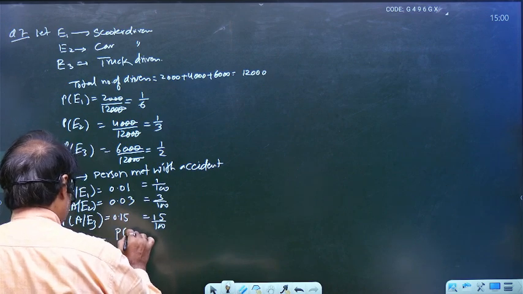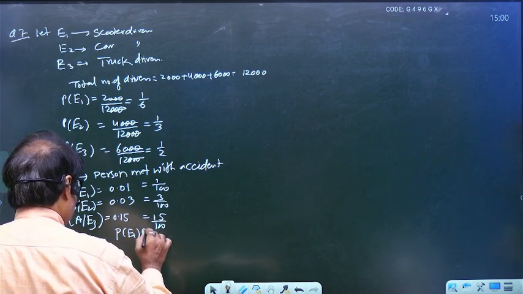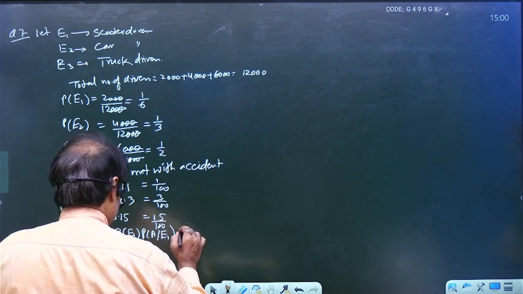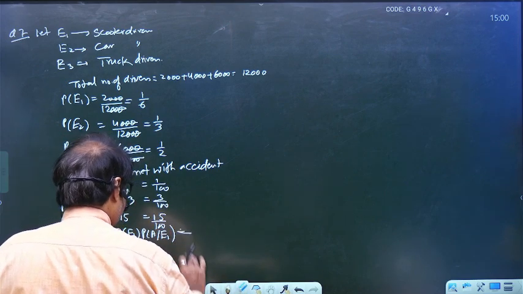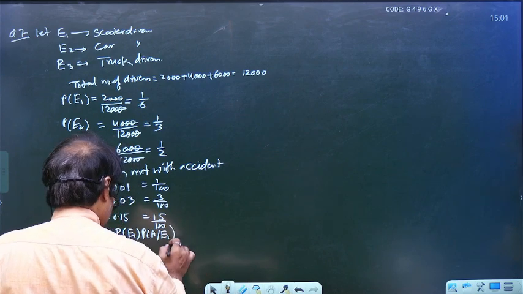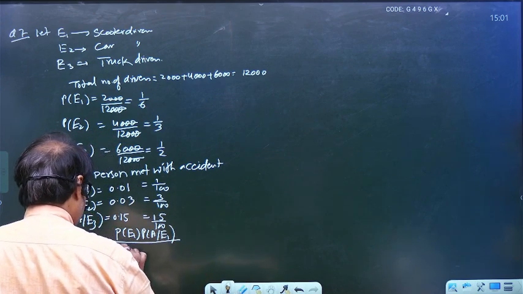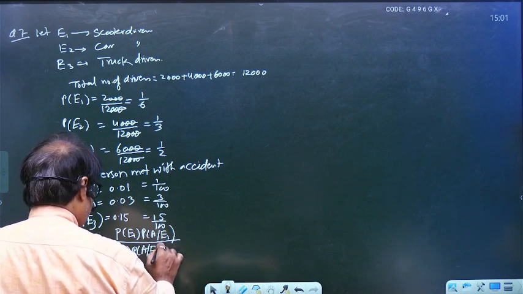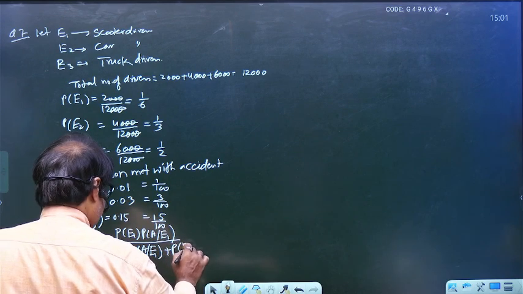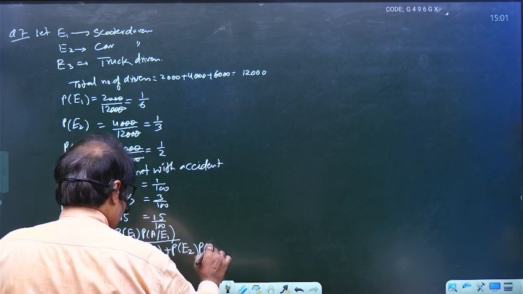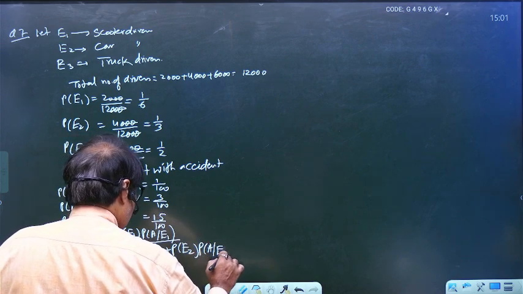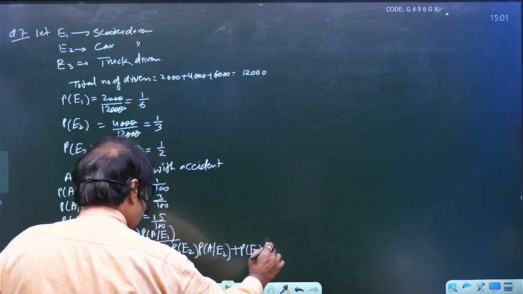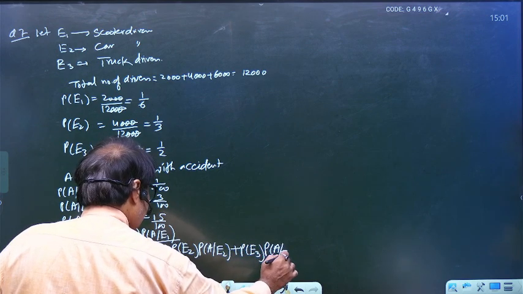So probability of E1 into probability of A by E1, divided by probability of E1 into probability of A by E1 plus probability of E2 into probability of A by E2 plus probability of E3 into probability of A by E3.